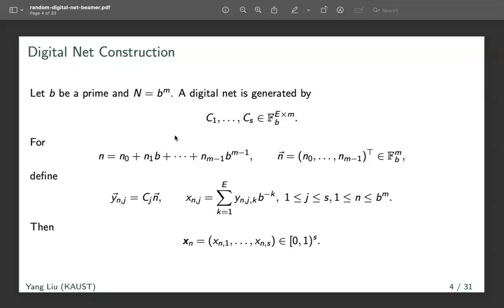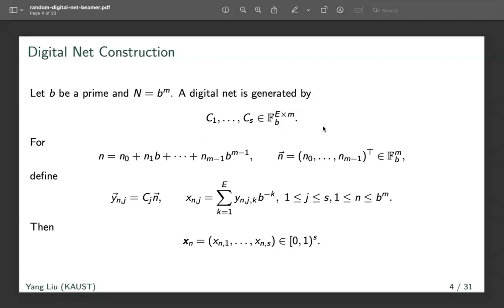So we can order these points by n, where n ranges from 0 to b to the m minus 1. And this capital E is the precision. In many analyses, including this paper, we are going to assume that we have infinite precision. So in the analysis, we assume that this capital E is infinite.